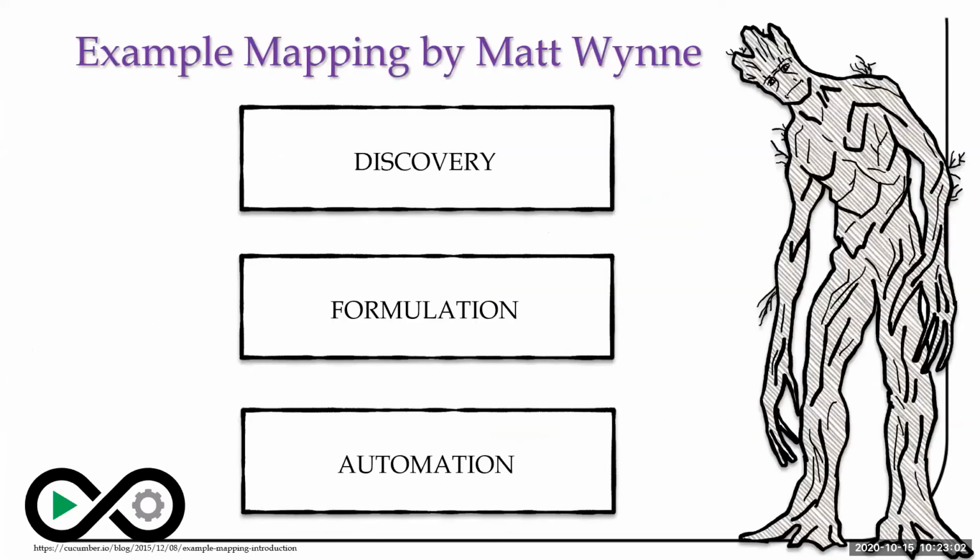For us specifically, example mapping fits in very nicely. It's intended as a practice for a team with BDD, and BDD's core components are discovery, formulation, and automation. Example mapping itself helps fulfill the discovery component of BDD.